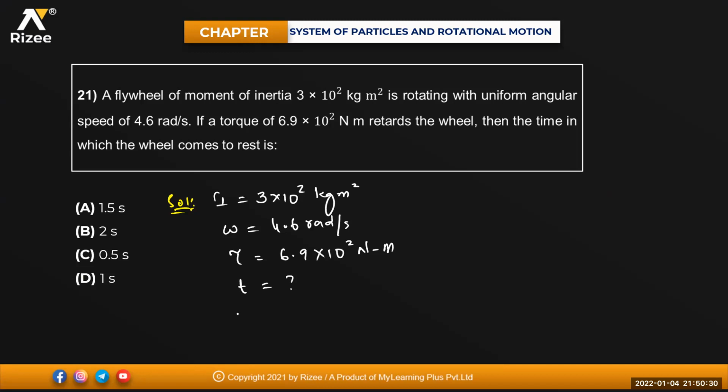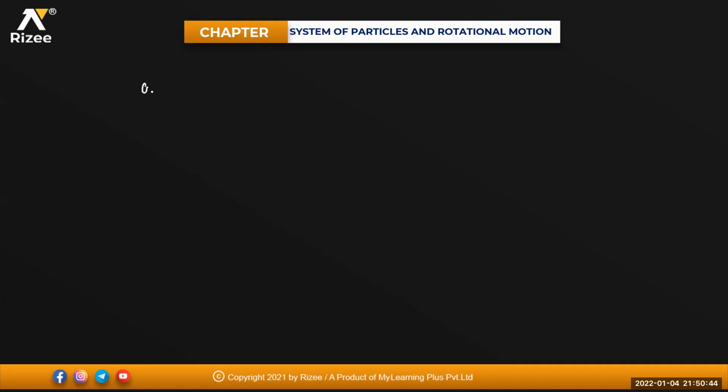So what is the time in which the wheel is coming to the rest? And that means final velocity will become for me 0. This is initial. So I can use the relation, initial angular velocity formula if I'm using. Omega is equals to omega naught plus alpha into t. So final velocity is 0. That is equals to omega naught plus alpha into t. So alpha value will be equal to your minus of omega naught divided by your t.